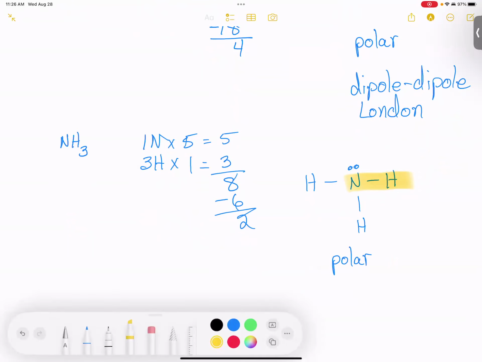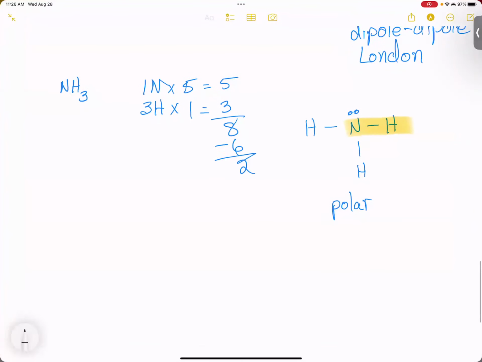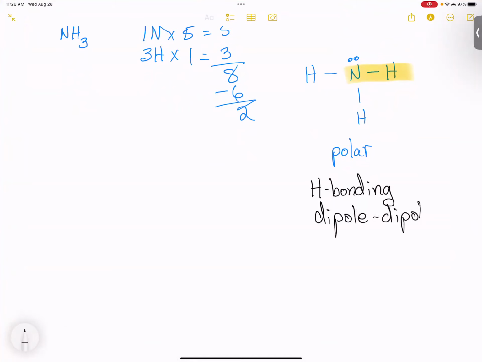So in this one, it means that it is going to have hydrogen bonding, dipole-dipole, and London dispersion.